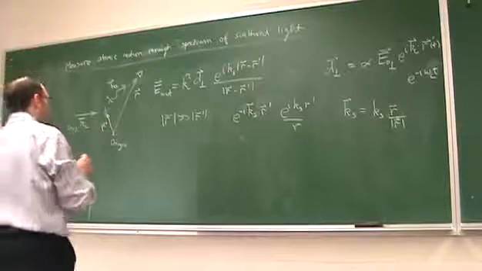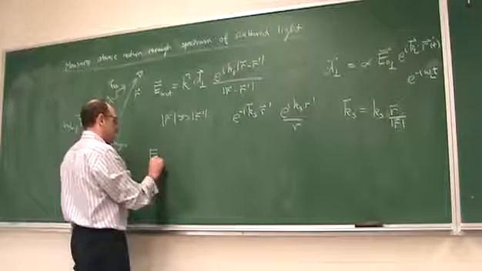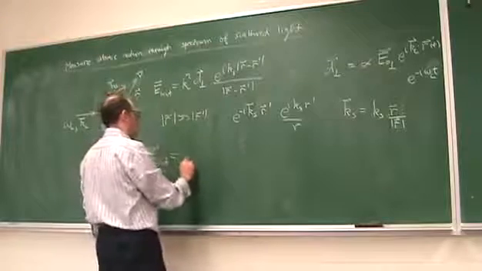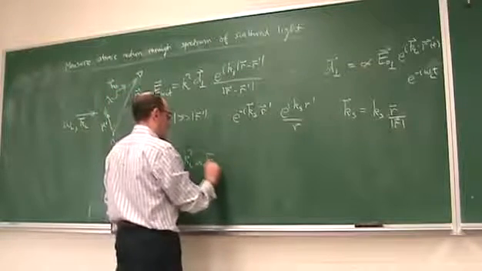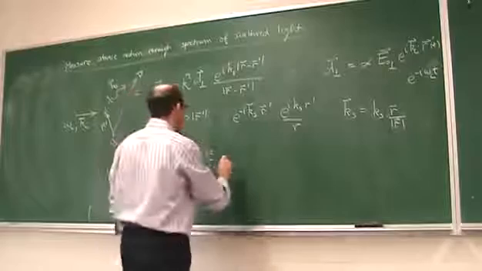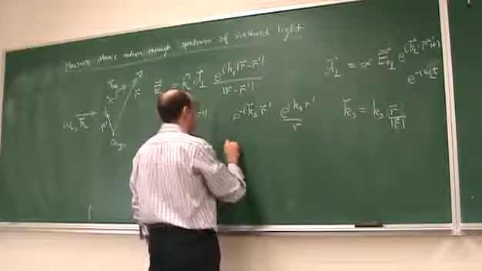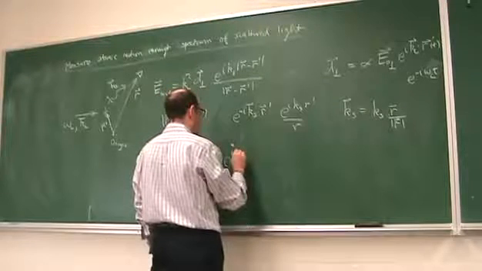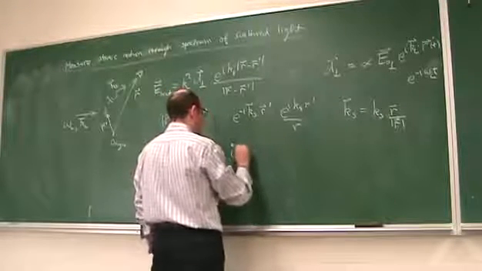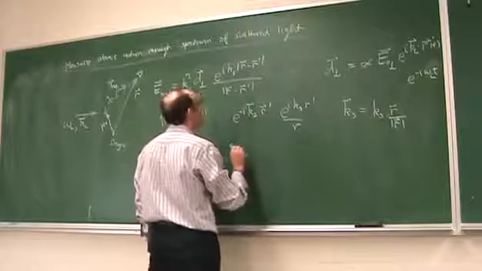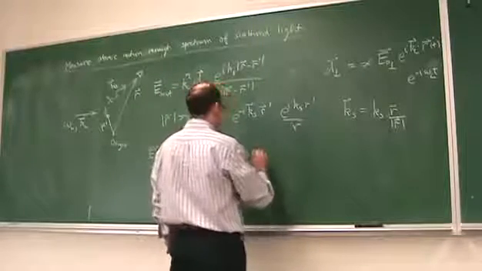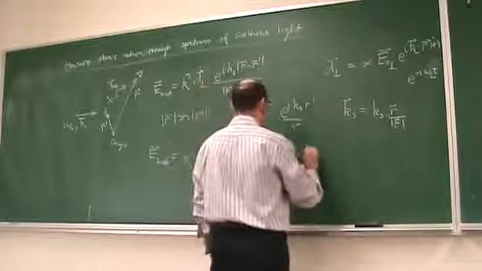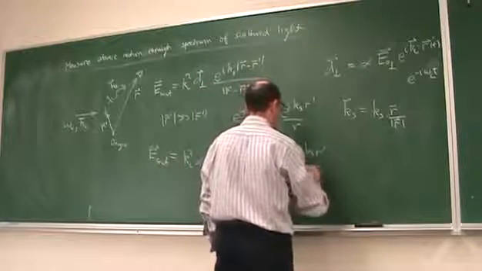So, putting that all together, the scattered electric field is k squared alpha E0. And then I get e to the i Q dot r prime, e to the i k_s r prime.